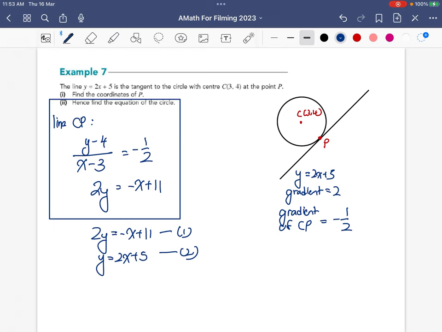If I solve these two equations simultaneously, I find that my x value is 1/5 and my y value is 5 and 2/5. Hence, the coordinates of P are 1/5 and 5 and 2/5. That is P itself.